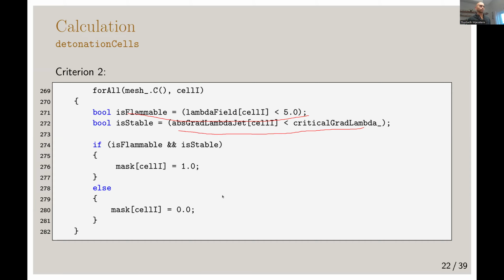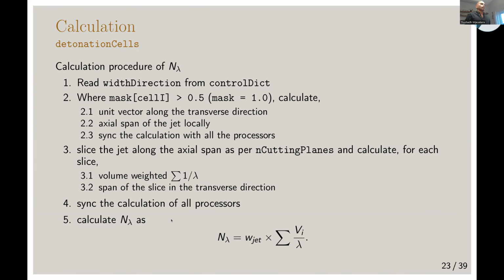And if it is below the critical value, we mask it by applying a value of 1. Otherwise, it's 0. And once we have identified what the critical region of the jet is, then we can move on to the calculation of the number of cells.